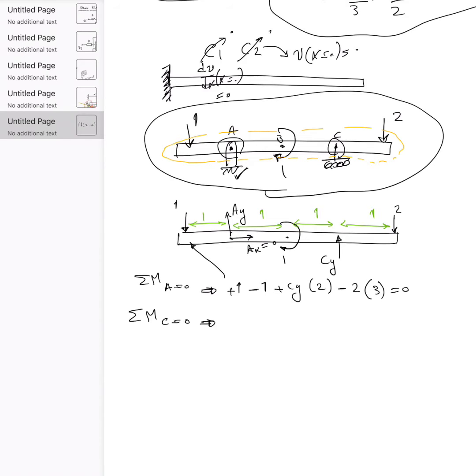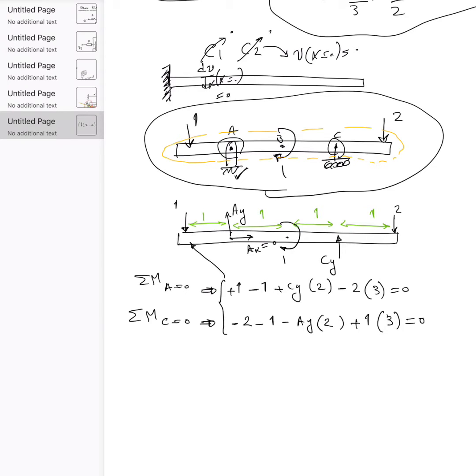So if I do moment about C, then I get -2, -1, negative AY times 2 plus 1 times 1, 2, 3 is equal to 0. So let's solve these two equations.